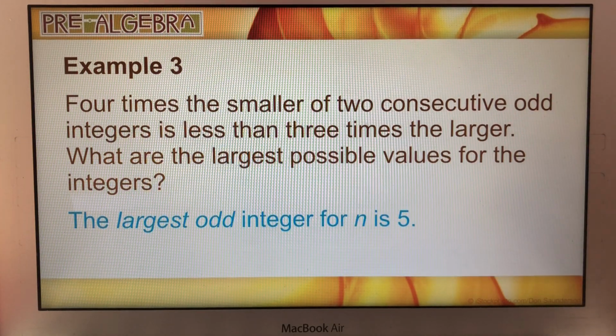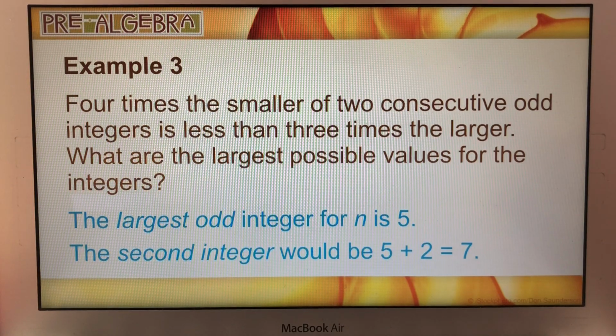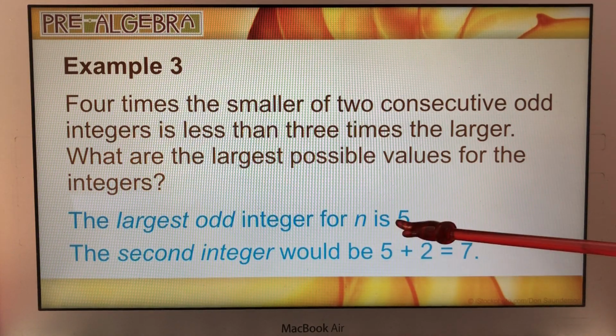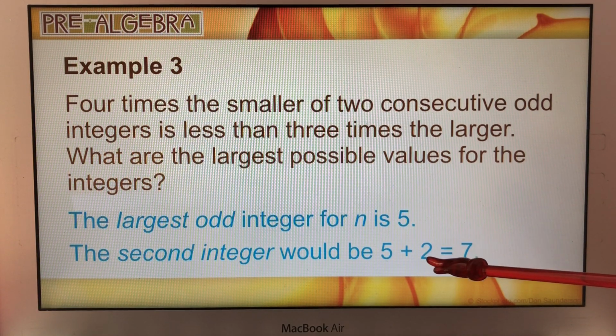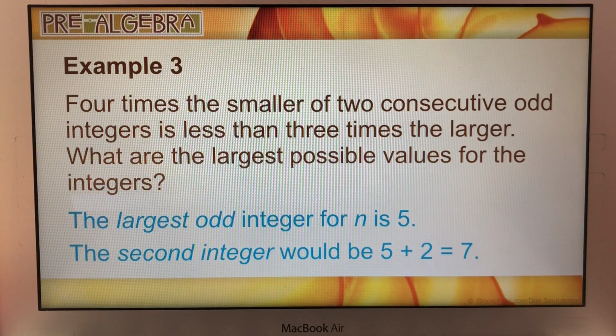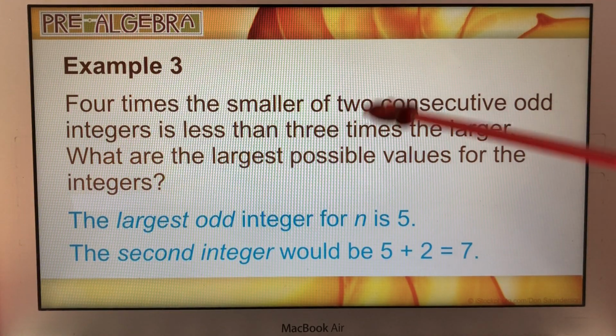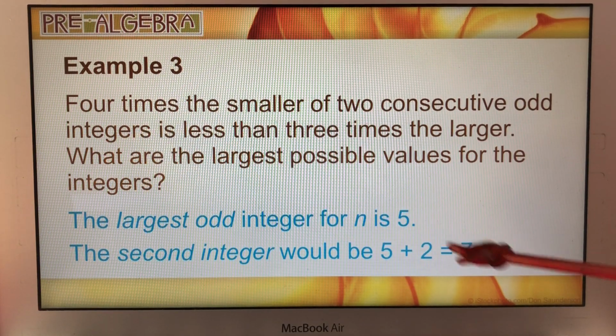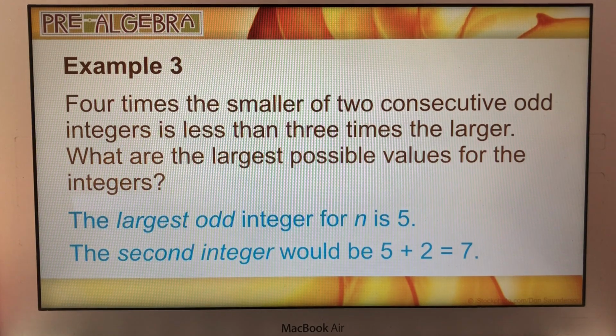That's the largest odd integer. The second integer would be 5 plus 2, okay, n plus 2, and then that's going to equal 7. So my two consecutive odd integers are 5 and 7.